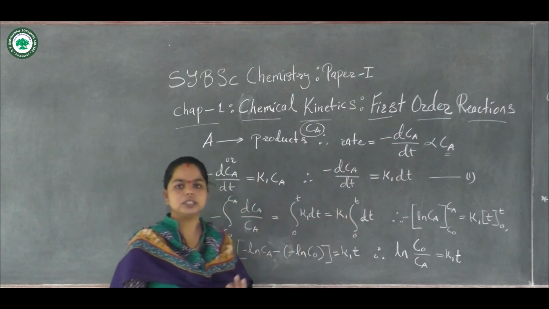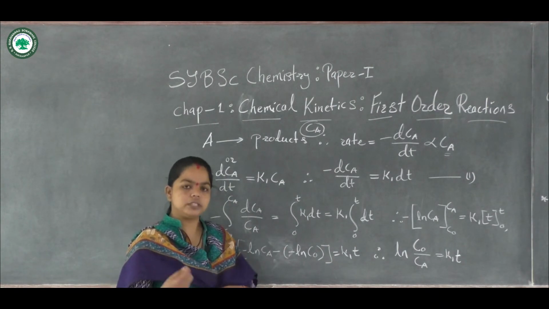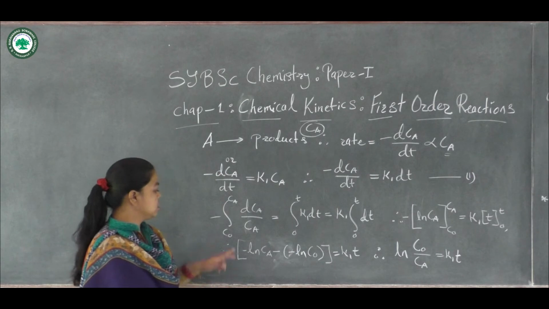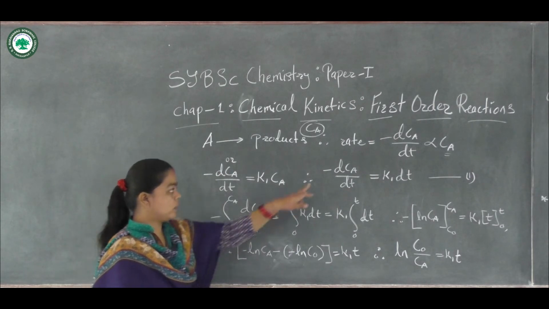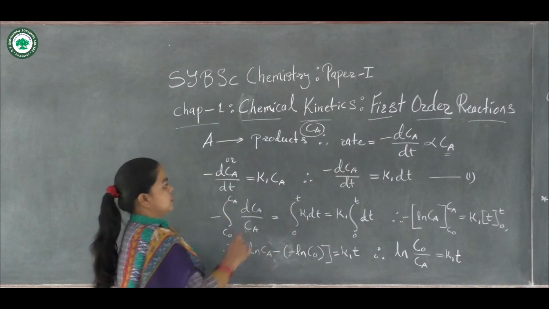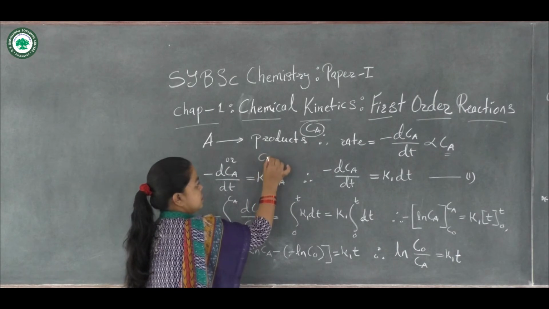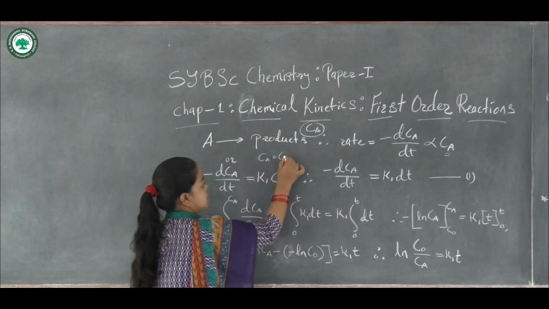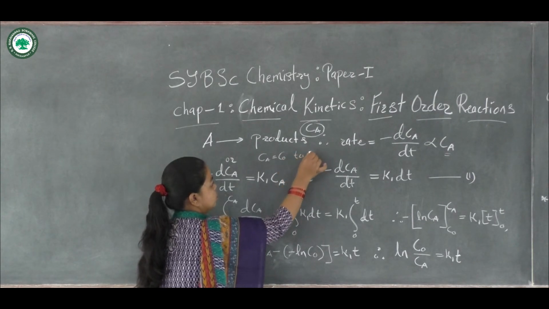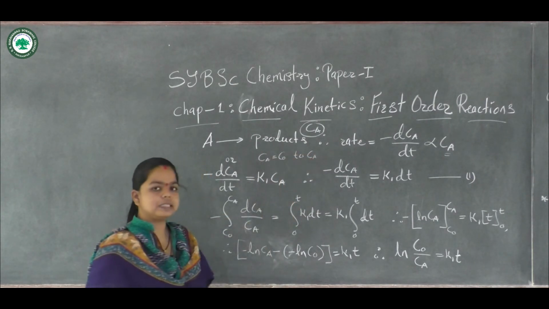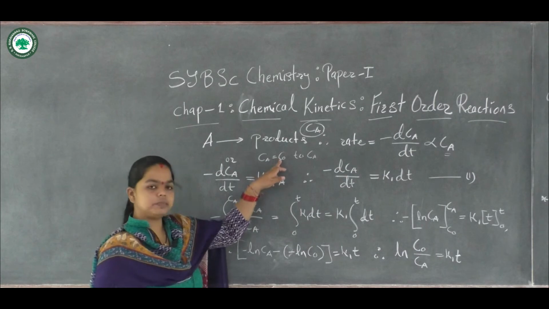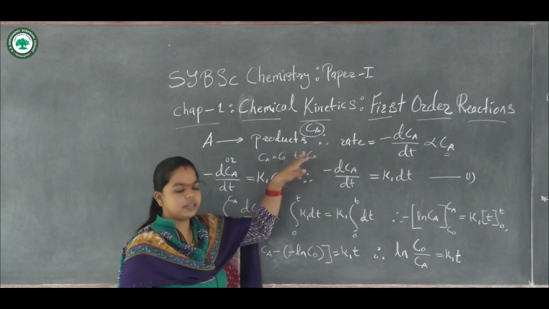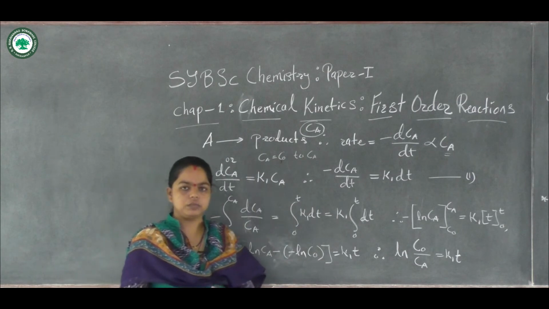So we have to take the integration for equation first between the limits. For Ca, we can consider the limits Ca equals C0 to Ca equals Ca. C0 is the initial concentration of the reactant and Ca is the final concentration of the reactant.